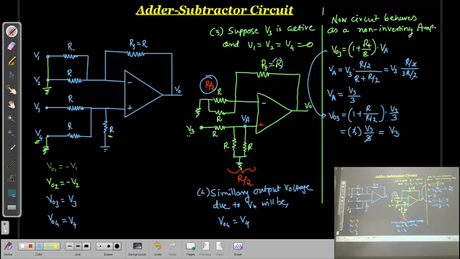So now according to the superposition principle, the output voltage will be what? It is a summation of all the voltages.